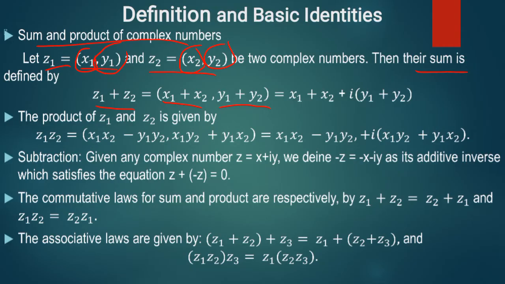So if it happens to be in the form z1 equal to x1 plus iy1 and z2 equal to x2 plus iy2, and you want to sum these two together, you simply sum x1 plus x2 and sum y1 plus y2 to get what you see right here.